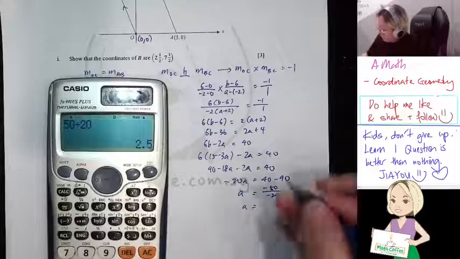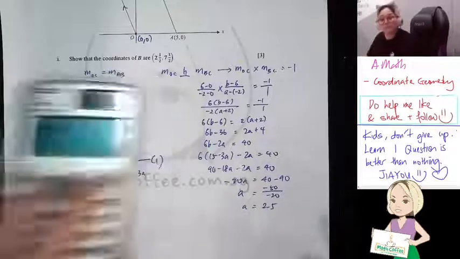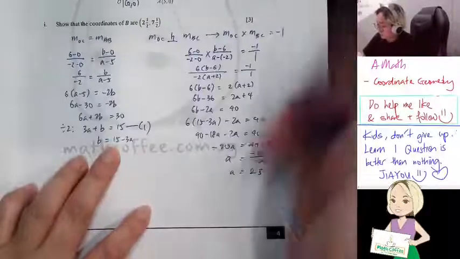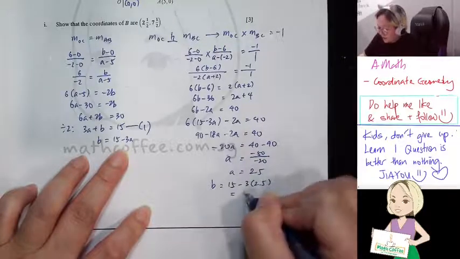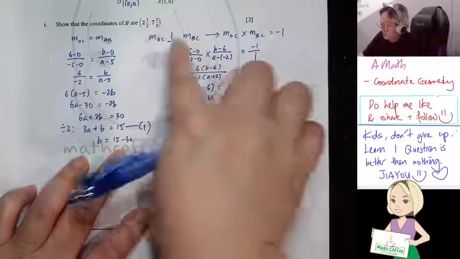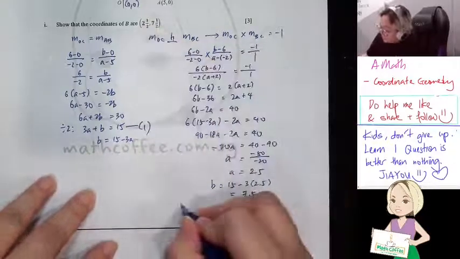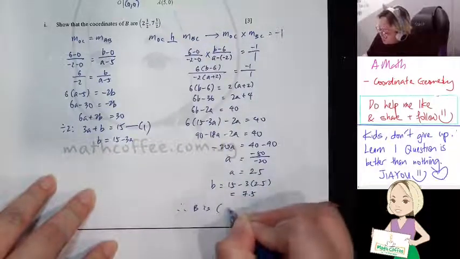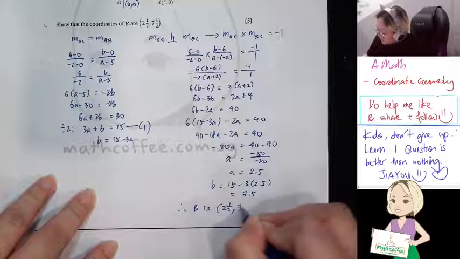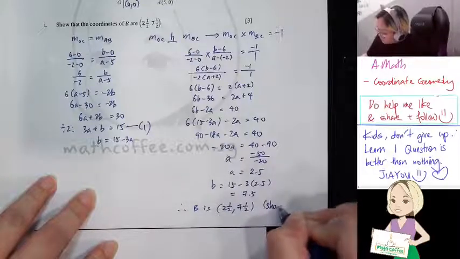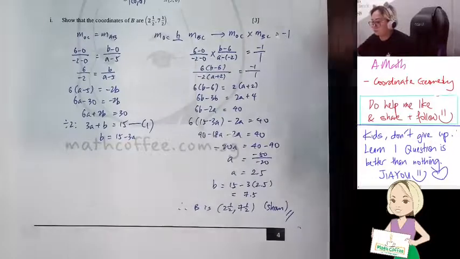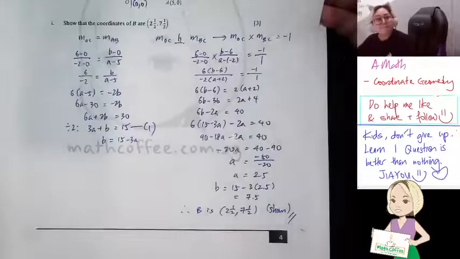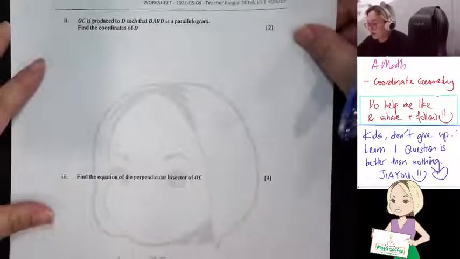So I have 2.5. And my B will be 15 minus 3A, and I get 7.5. See? That's shown. So therefore, B is 2.5 and 7.5. Shown. Okay, this one same as question 1. Let's move on.